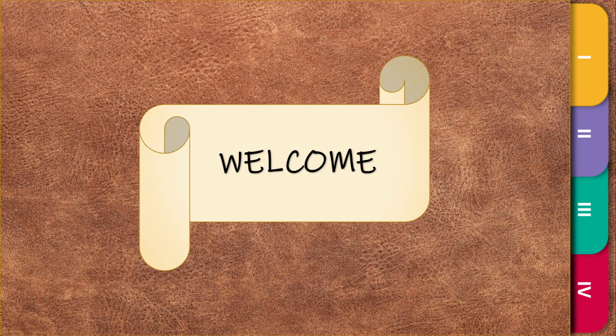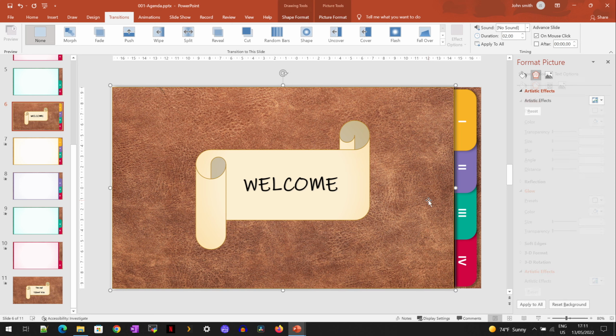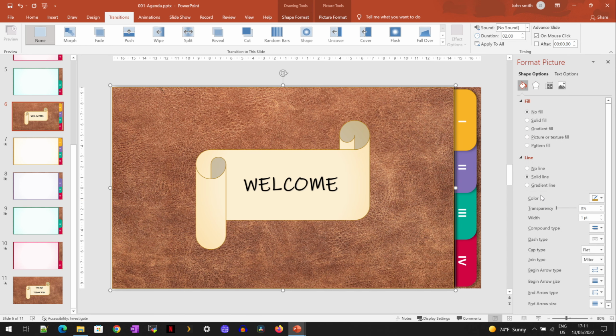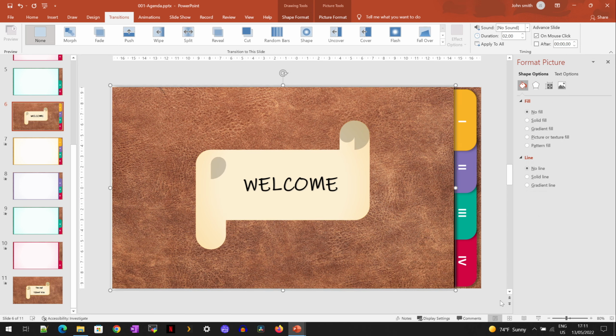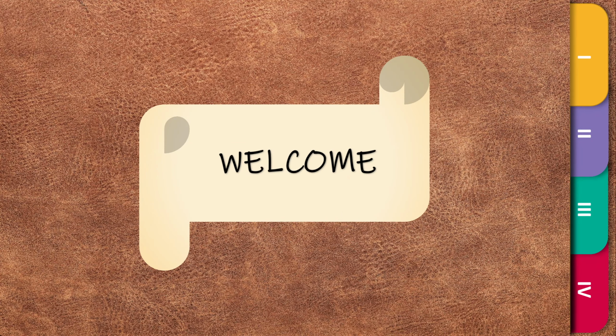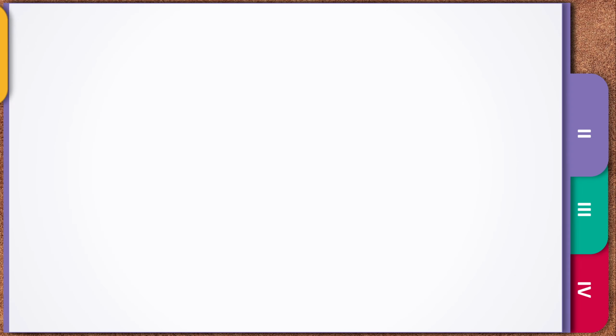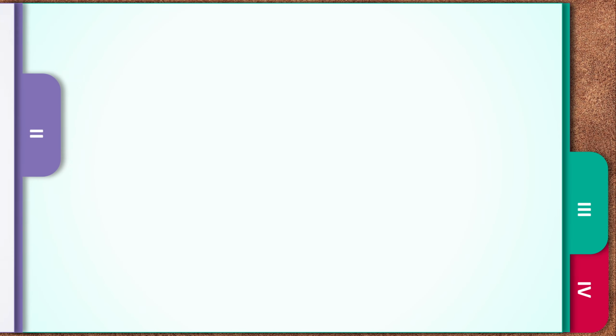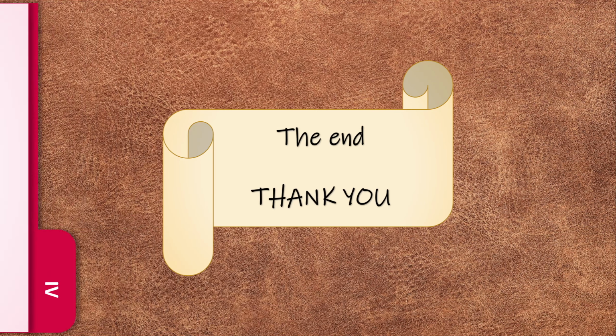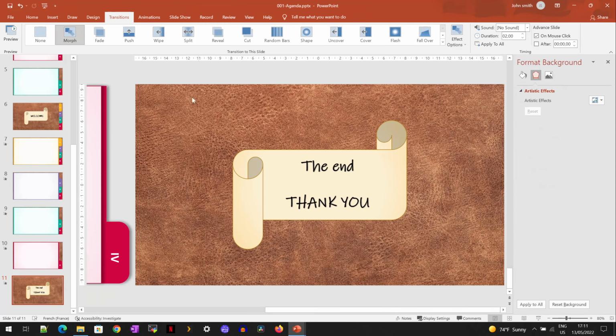Still the border lines to remove. Okay, try again. Perfect. We can also add the spiral bound.